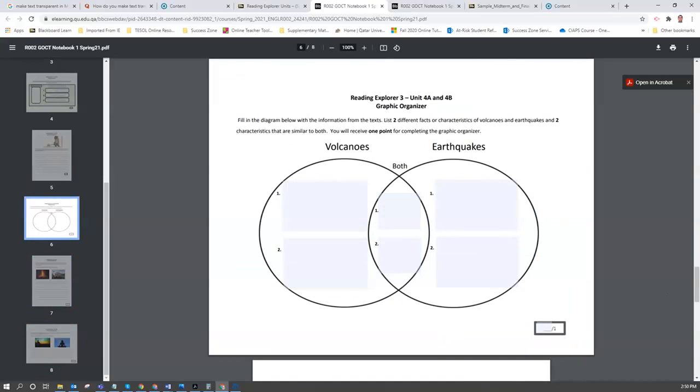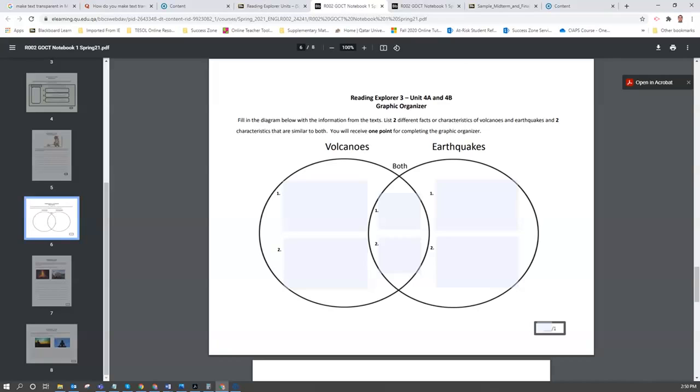So on this one, this is a diagram. Okay, we have volcanoes and earthquakes, and if we want to fill in the diagram with information from the text, list 2 different facts or characteristics of volcanoes and earthquakes. 2 characteristics that are similar. So what are 2 things about volcanoes and earthquakes that are the same? Okay, and what are some that are only for volcanoes and only for earthquakes?